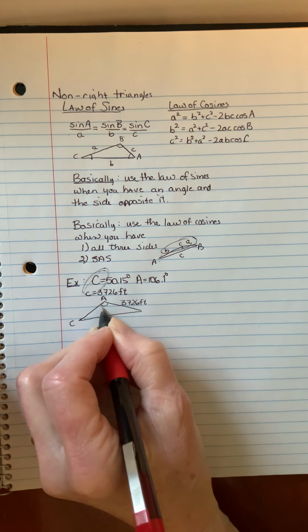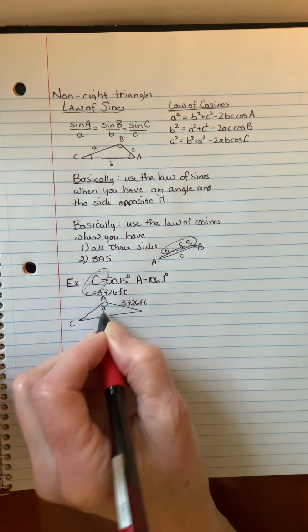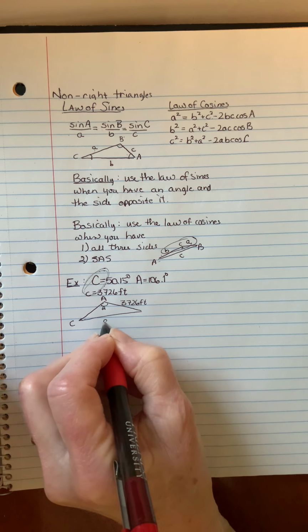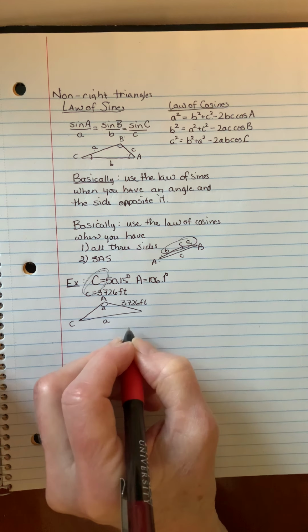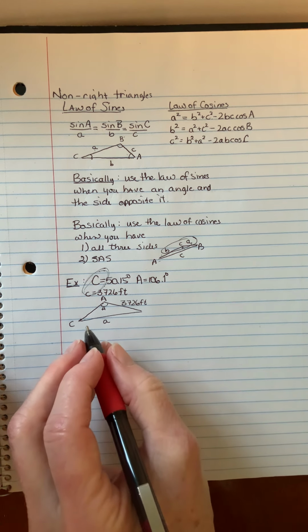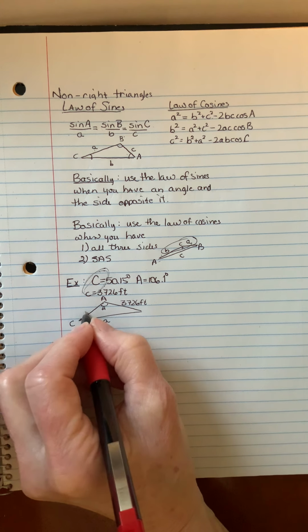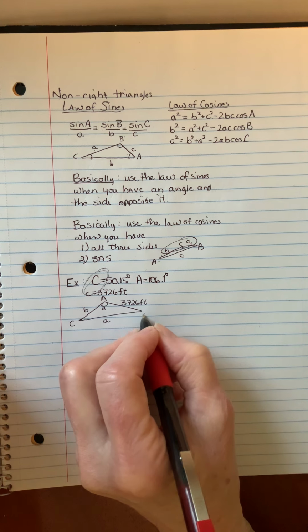Here's angle A, which is 50.15, and I have no idea the length of that one. If my graph is anywhere near accurate, it looks like A is a whole lot longer than C. And then here are the pieces for B.